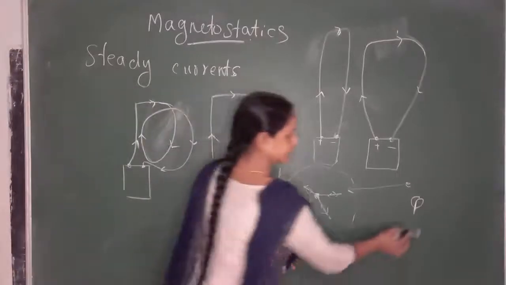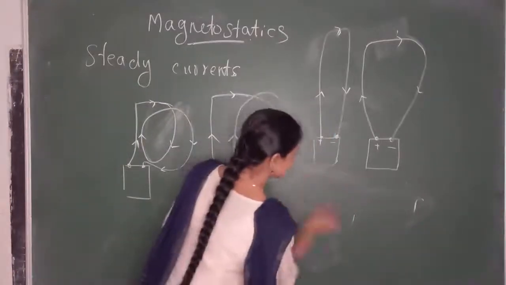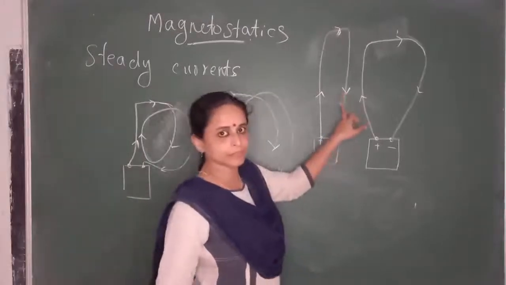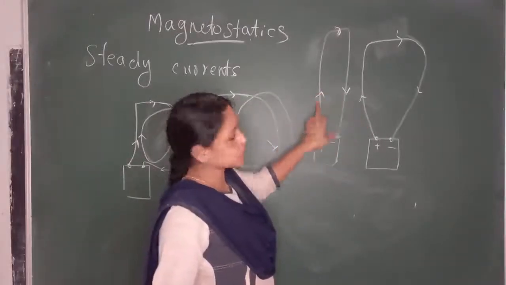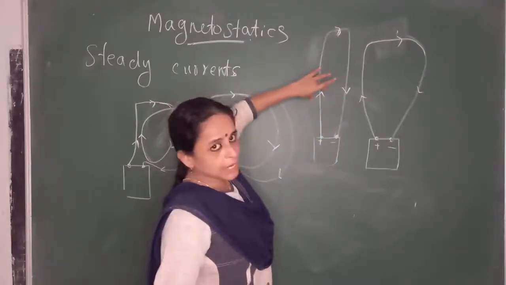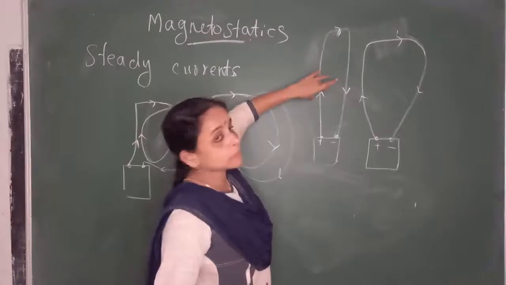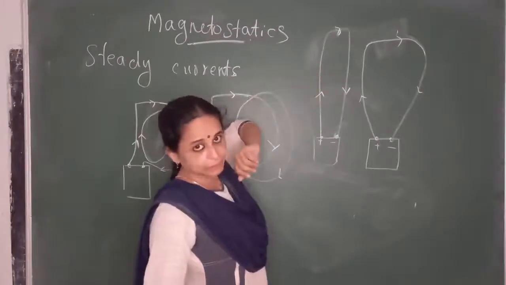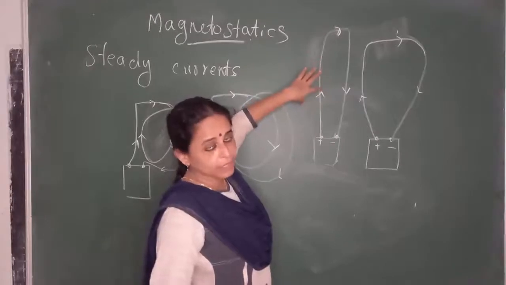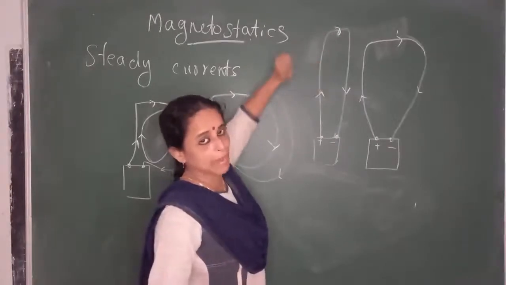Similarly, when we place a current-carrying wire in the field of another wire, when the current is flowing in this direction, this wire will produce some magnetic field. Usually the flowing current, or moving charges, produce a magnetic field.